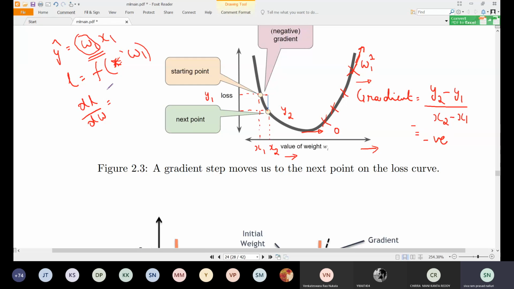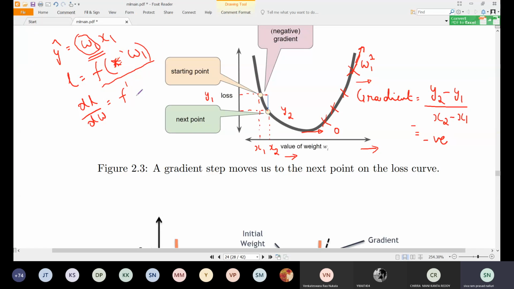So you differentiate this function, you know how to find the differential value of a function, how to differentiate a function with respect to a variable. Okay, so f prime means it is nothing but differential value of L with respect to W.